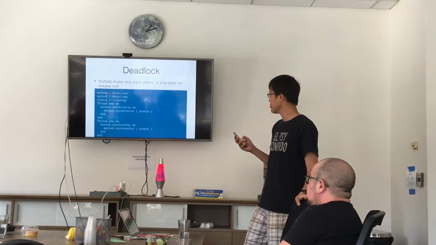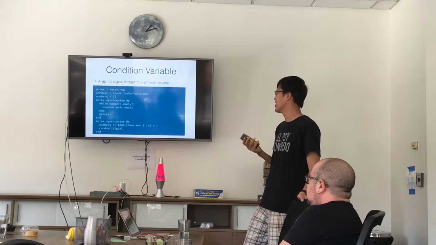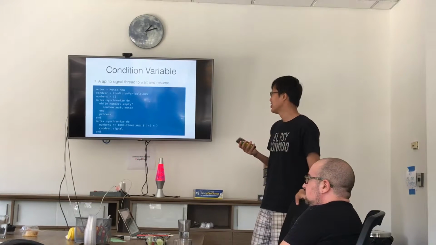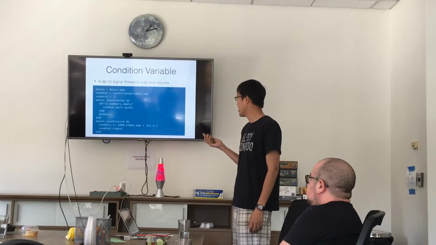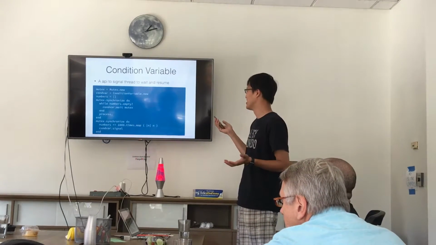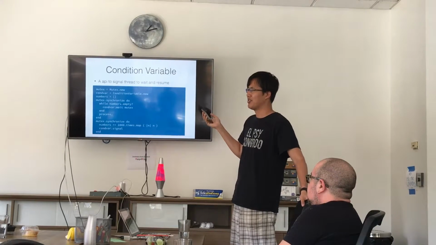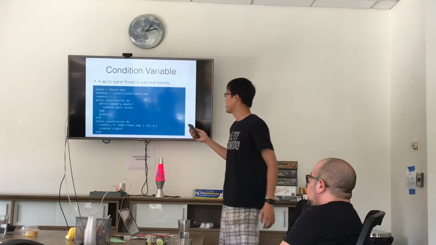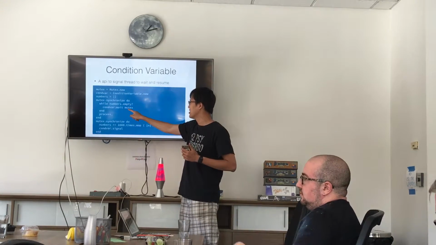There's also a thing called a condition variable in Ruby. Basically, it's an API to signal threads to wait and resume. For example, you have a mutex, and in this case we have two threads. I did this wrong, but the concept is that one thread is generating the number and one is reading the number. When you are running a loop, you can call wait on this mutex.